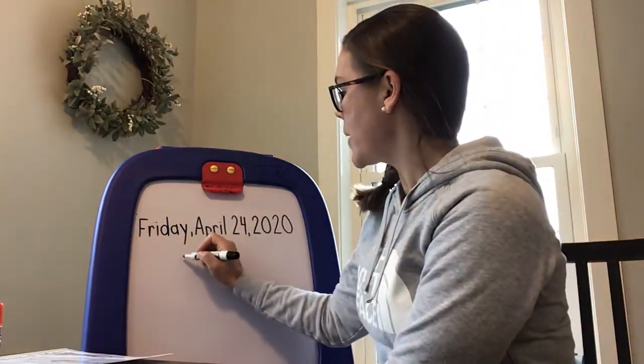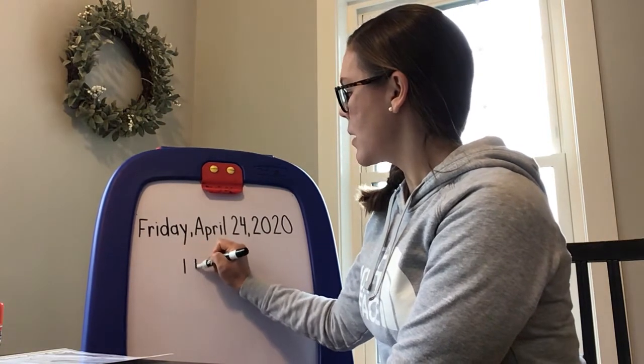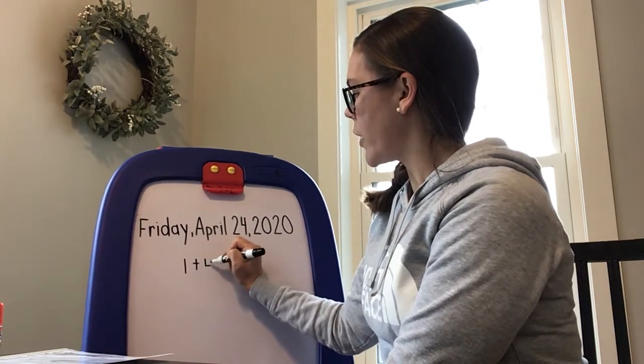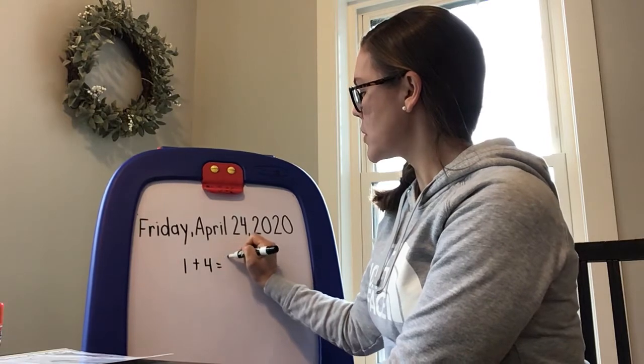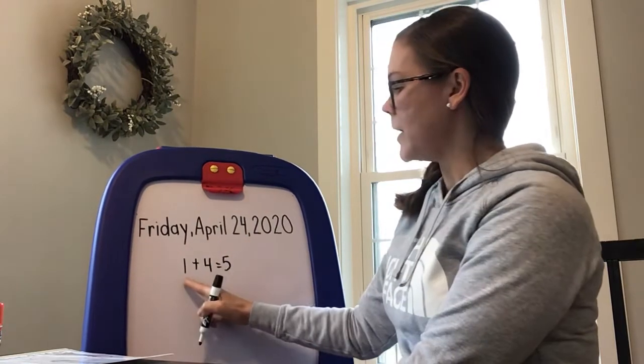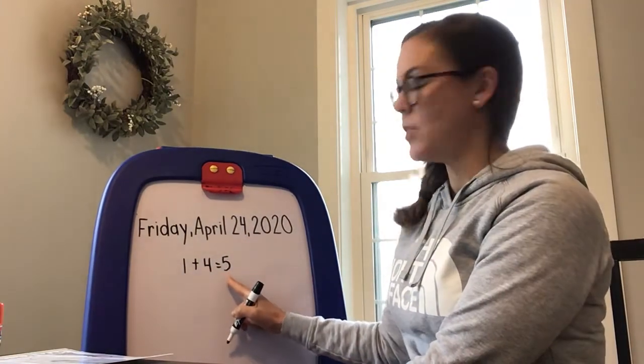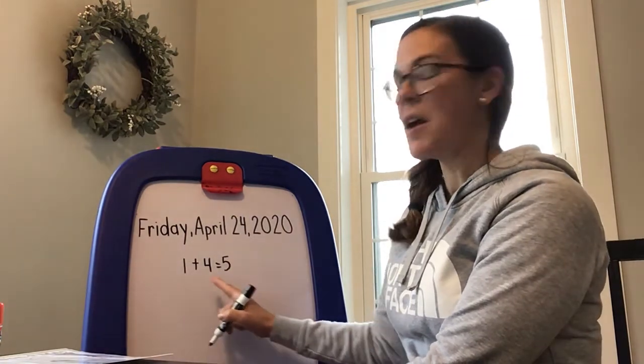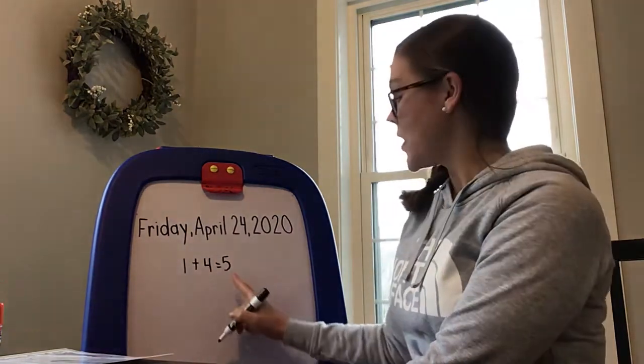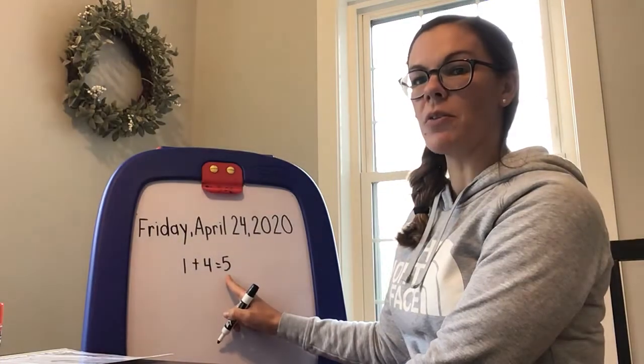So we said if we have something like 1 plus 4 equals 5, I can turn this addition equation into a subtraction equation by working backwards, okay? So we know subtraction, we always have to start with our biggest number.